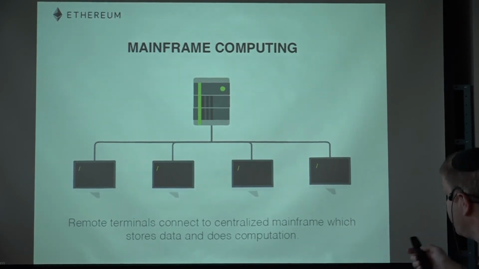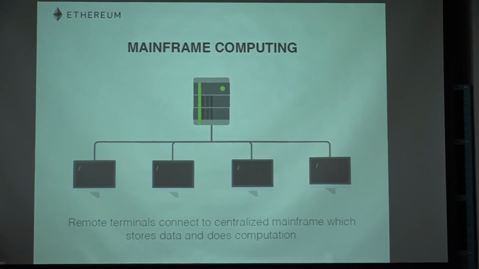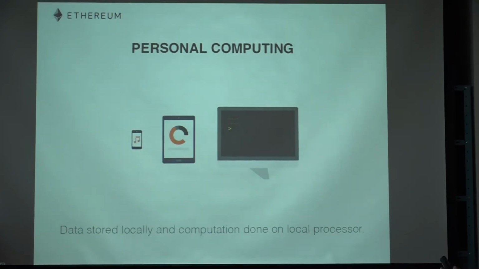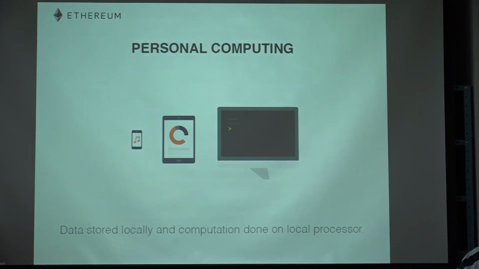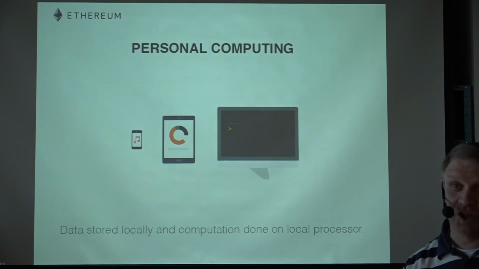And everybody just consumed the results. Later on, when we were kids, the world changed, and everybody remembers that we got our first PC. It was Apple IIe, and maybe even before it was Commodore and others. And this was the philosophy that ruled the world for, I think, the last 20 or 30 years.